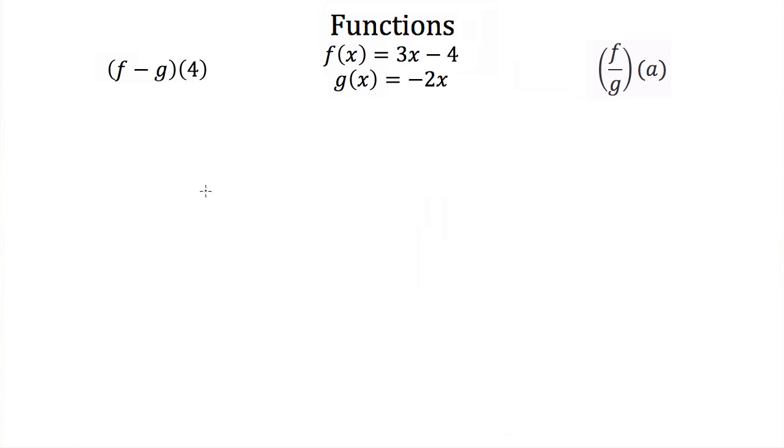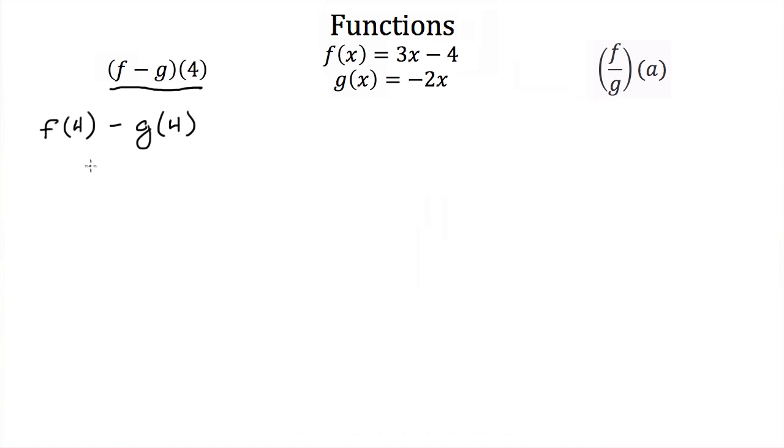So let's do some practice problems. Here we're told that f of x is equal to 3x minus 4, and g of x is equal to negative 2x. If I want to find f minus g of 4, that means I'm looking for our function value when x is 4 minus our other function value g when x is 4.